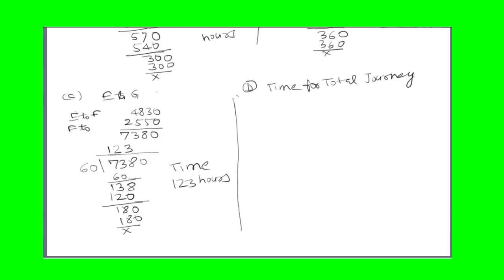From above we get 26,550, and if it is divided by the speed 60, it goes 4 times, 240.